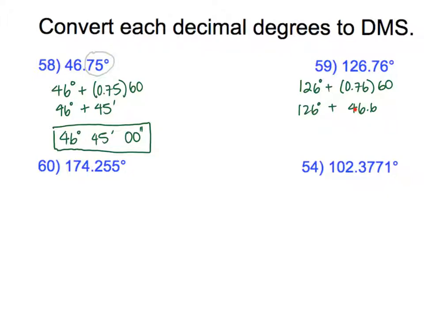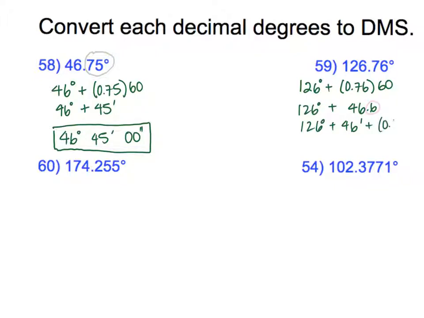Just like before, where we put the degree aside, we put our minutes aside and later reuse the decimal that's left over. So here's what I mean: I have 126 degrees plus 46 minutes. But this leftover here is now going to be added on.